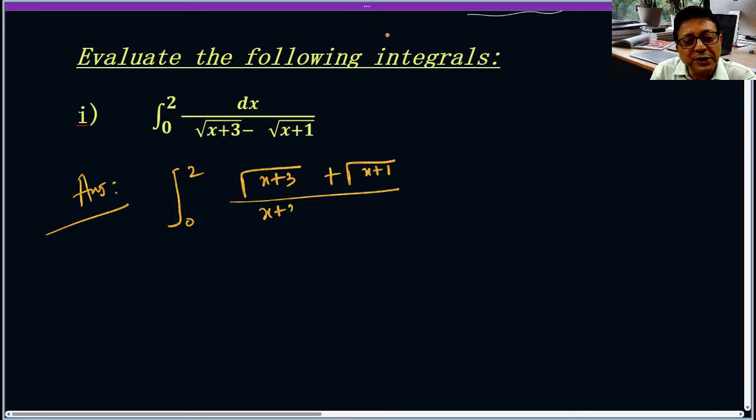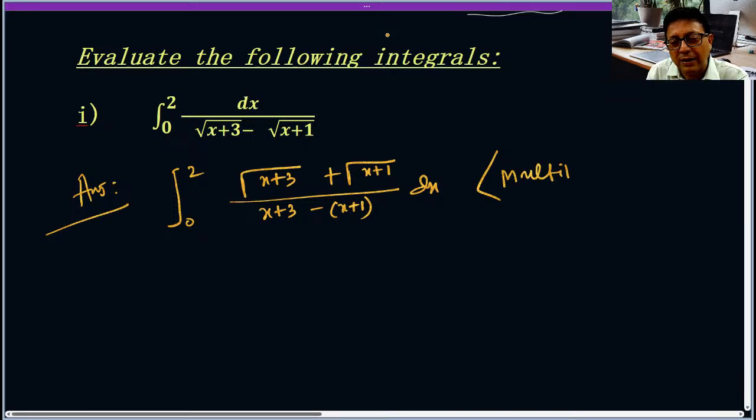So this is going to be (x plus 3) minus (x plus 1) dx in the denominator. We have multiplied numerator and denominator by root (x plus 3) plus root (x plus 1).